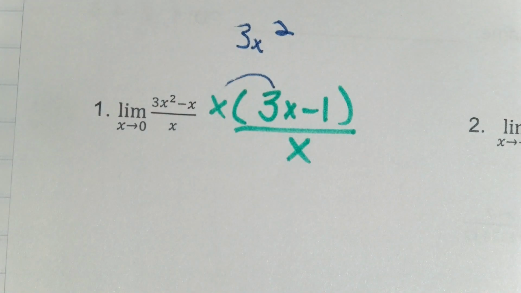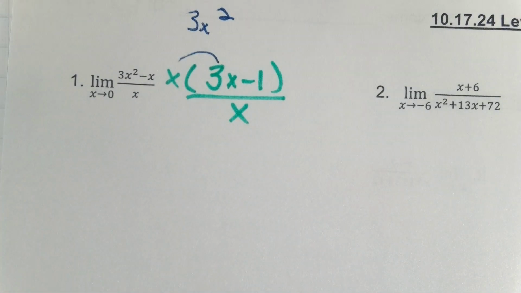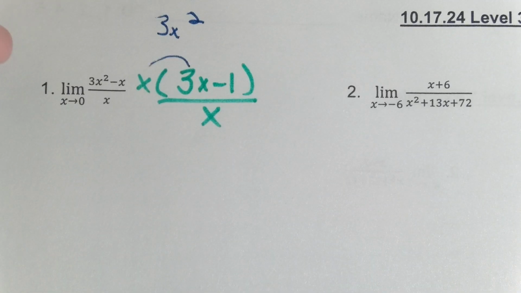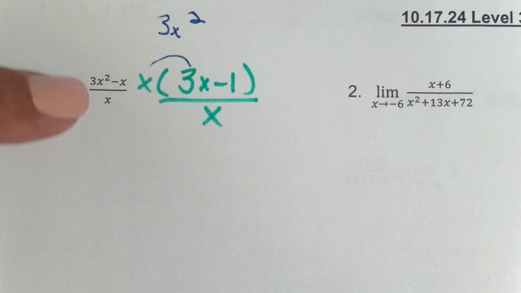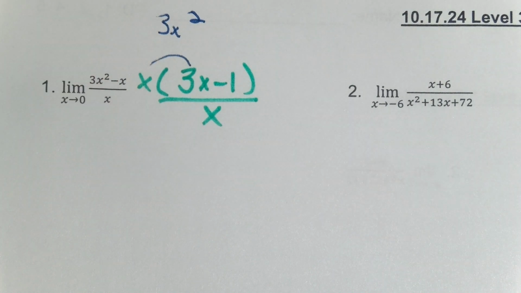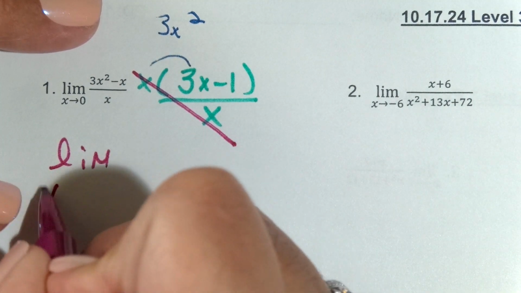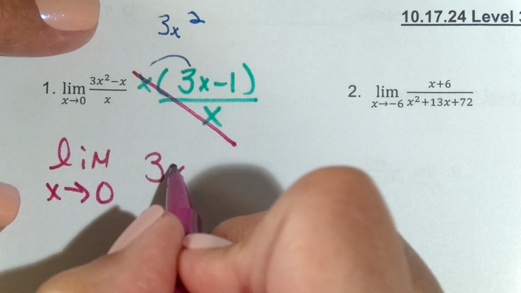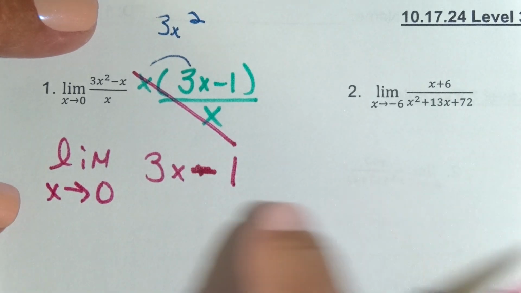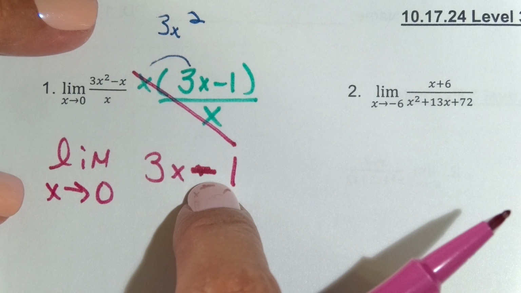Okay. So now what should I do? What's the next thing I should do? It's number 2. What does number 2 say? Yes, we will cancel next. There's no quadratic, so we'll cancel. Now what?